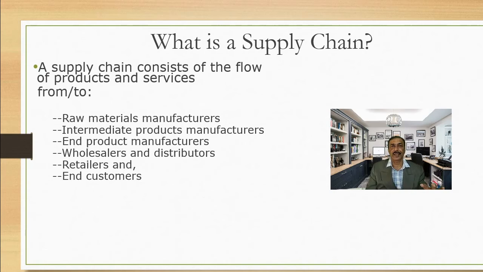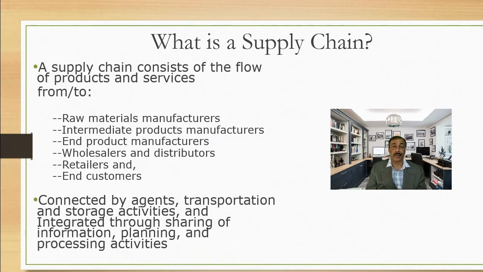A typical mid-level organization can have this type of channel, especially when they are in manufacturing. If they are in retailing or an e-commerce platform, then only the last three categories may be applicable to them. And the flow is connected by agents, transportation, storage activity, and integrated through sharing of information, planning and processing activity.